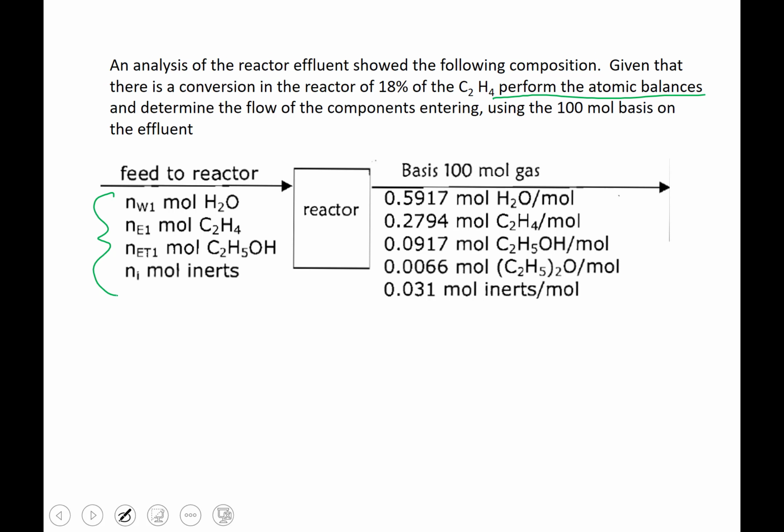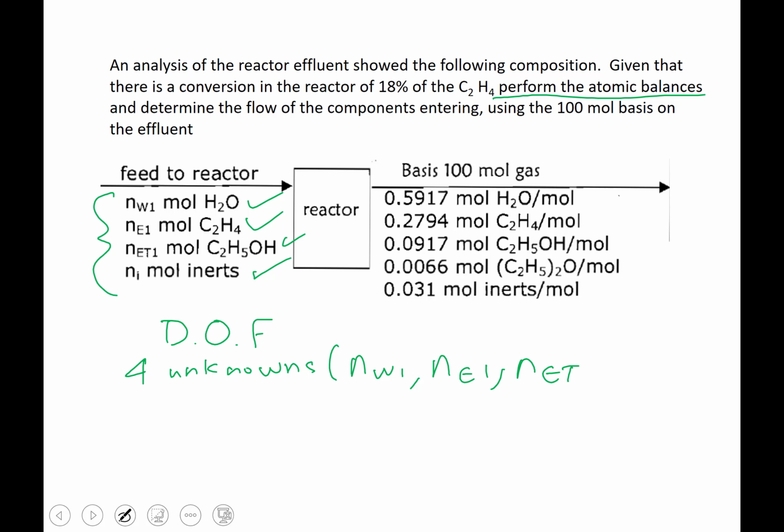So if we did the degree of freedom analysis, we have 4 unknowns. 1, 2, 3, 4. And we should write them: NW1, NE1, NET1, and NI.